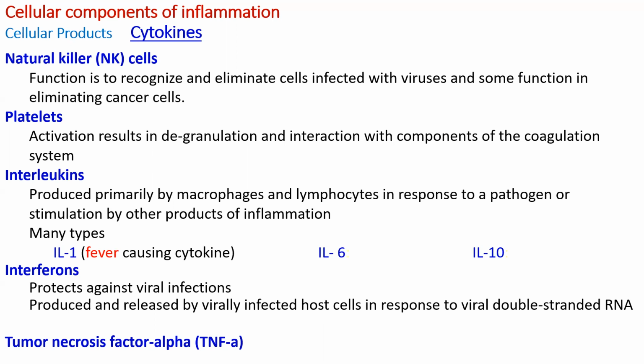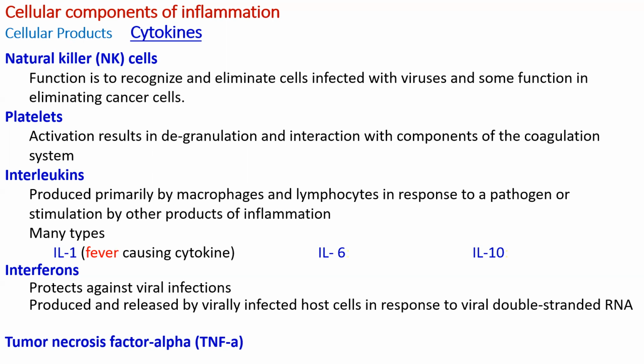However, the interferons protect against viral infections, and these interferons are the most effective medications for viral infections. They are produced and released by virally infected host cells in response to viral double-stranded RNA. So we have different types of interferons: IFN alpha, IFN beta, and IFN gamma.